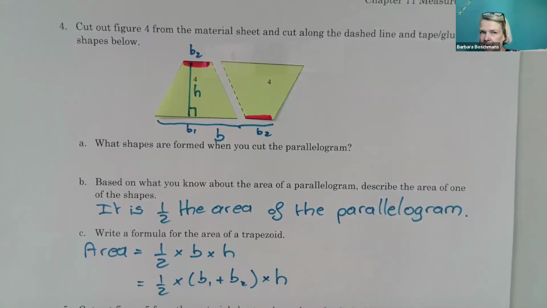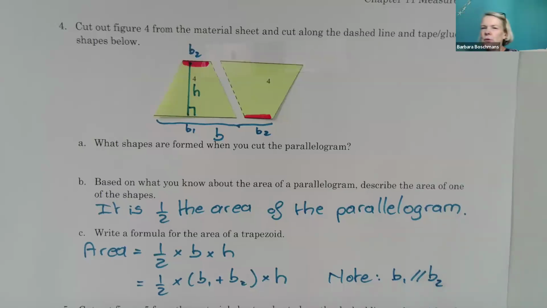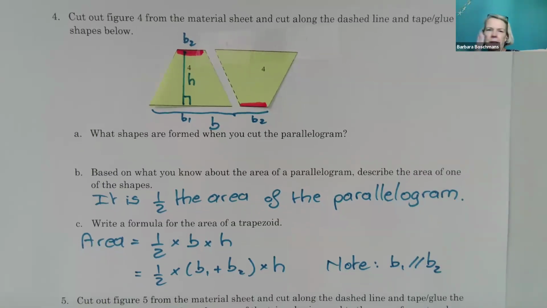The base and the height still form a 90-degree angle, and we will have to know that base 1 is parallel to base 2. So in a trapezoid, you don't get to pick which side is the base, which you actually do in the triangle and the parallelogram, but in this one you cannot. The two parallel sides are base 1 and base 2, and then the height will be perpendicular to those.